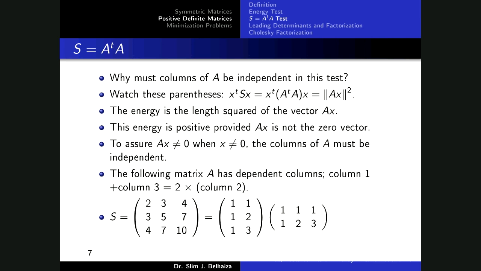Okay, so in the case where S is equal to A^T times A, the question here is why A needs to have independent columns.